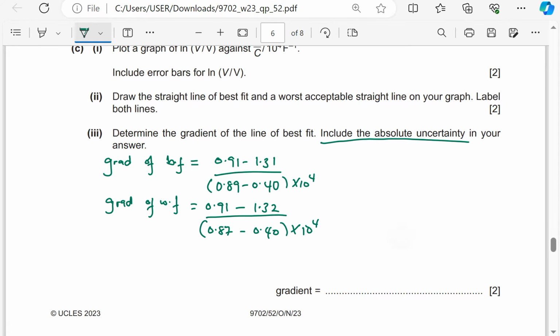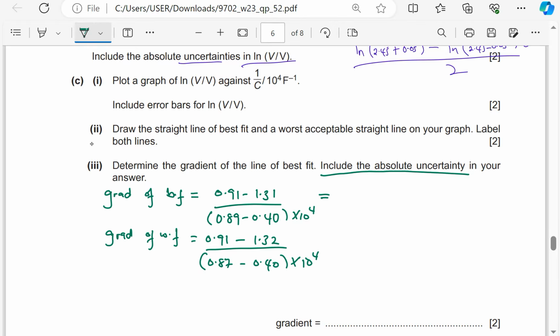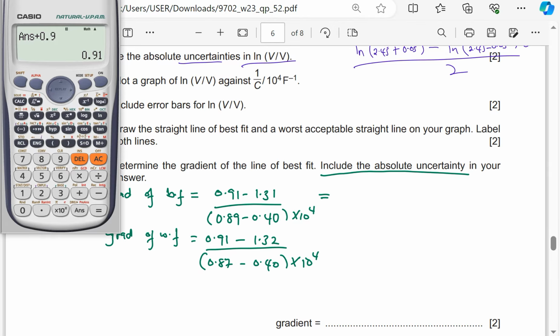Okay, so I'm now just going to press my calculator: 0.91 minus 1.31 divided by 0.89 minus 0.4.